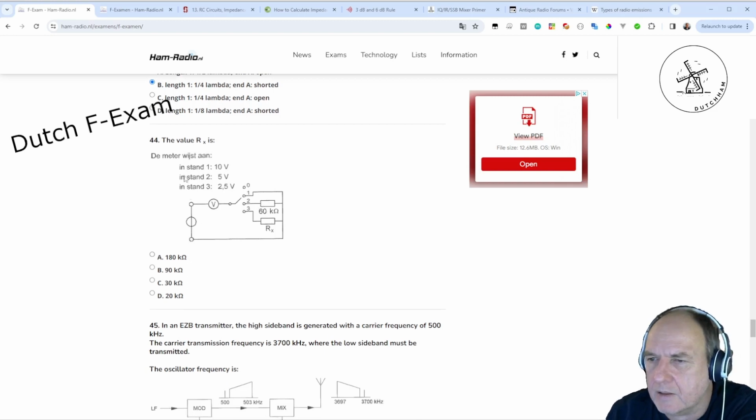Okay, here the translation is going sideways again. The value Rx is... and here they say the meter points to in position 1 10 volts, position 2 5 volts, and position 3 2.5 volts.